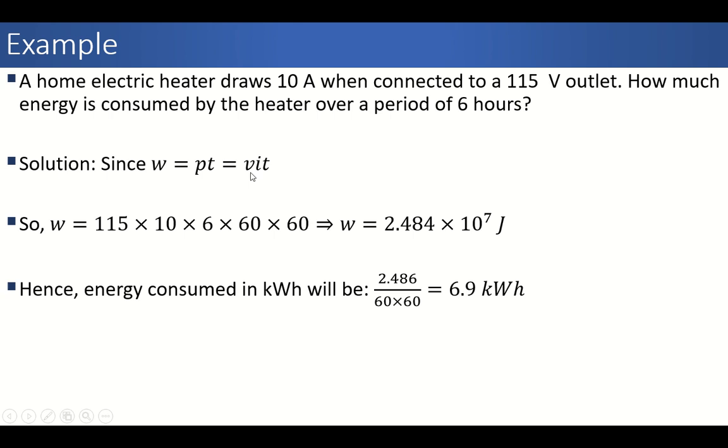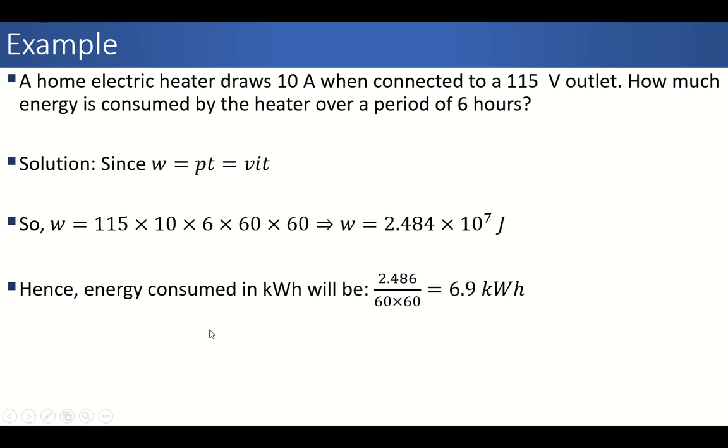We can easily substitute the values: V is 115, I is 10, and t is 6 hours. We have to convert those 6 hours into seconds. So this will be 6 into 60 into 60. This is 2.4 into 10 power 7 joules.